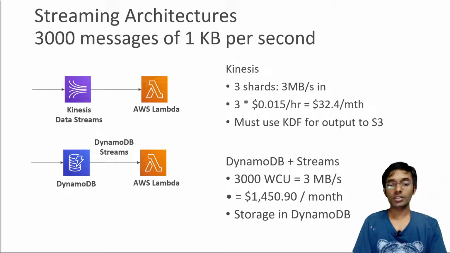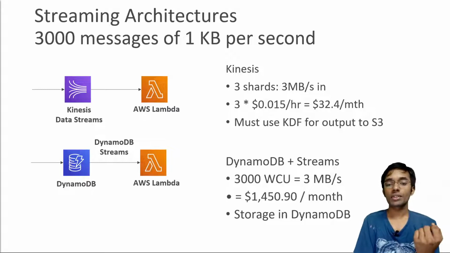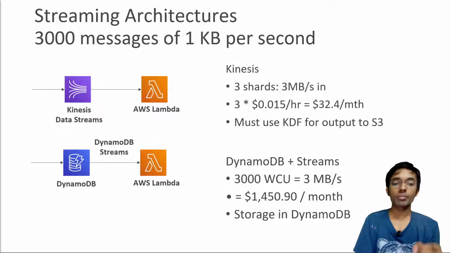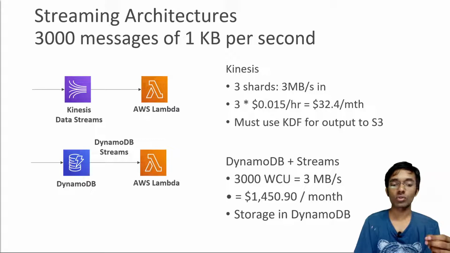Another architectural discussion we may have is that we have different options for streaming in AWS. Which one is going to be more cost effective? So let's say, for example, that you plan on receiving 3,000 messages of 1 kilobyte per second. This is all data going to be sent to your architecture.